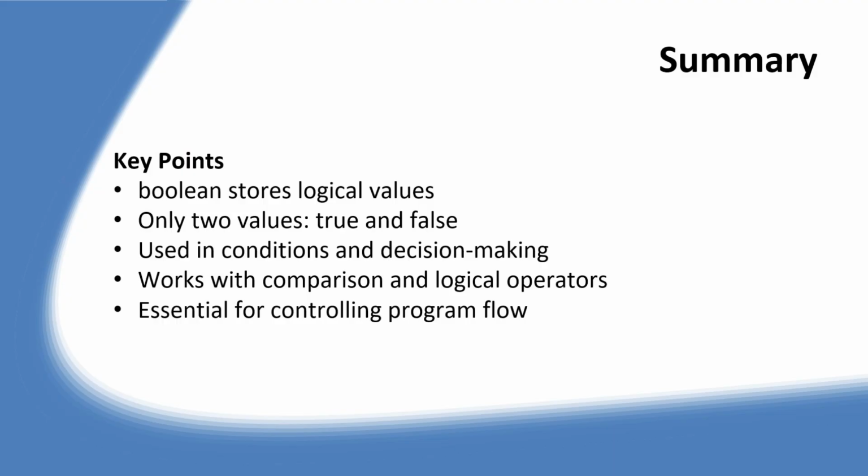So let's quickly summarize what we learned so far. The Boolean data type stores logical values. It can contain only two values, true and false.